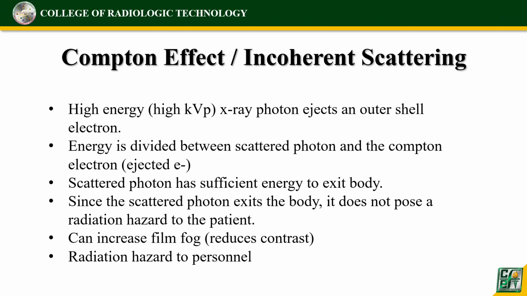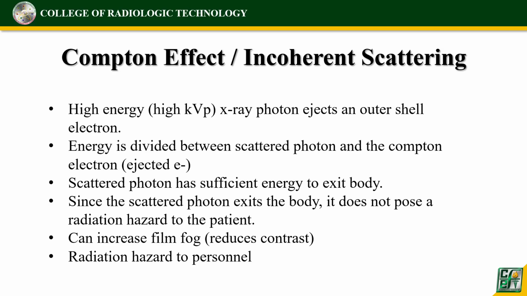Okay, so now we proceed to the second one, Compton Effect or Incoherent Scattering. Here, the X-ray photon is already high energy. And because it is high energy, the X-ray photon can eject the orbital electron.